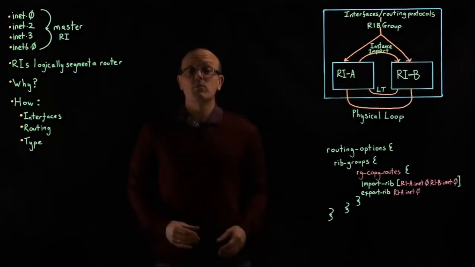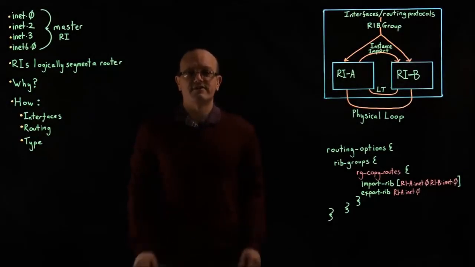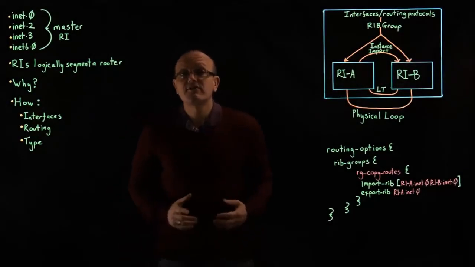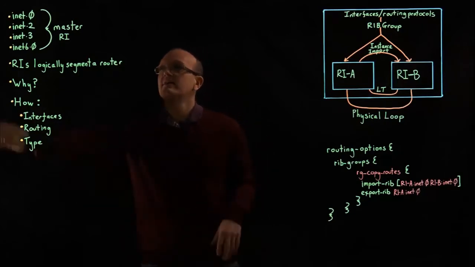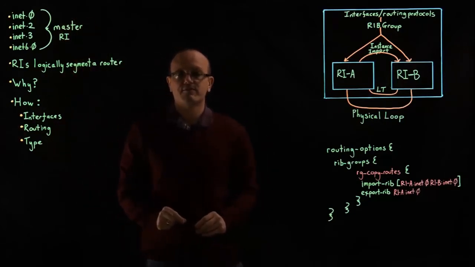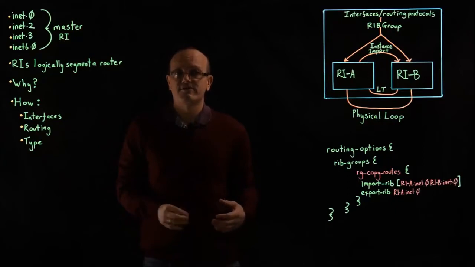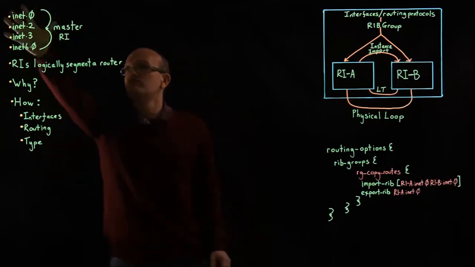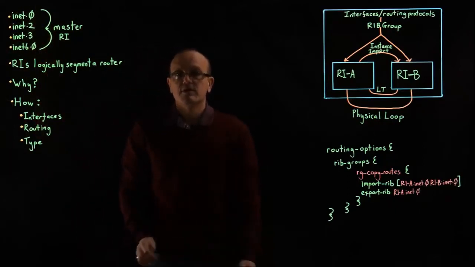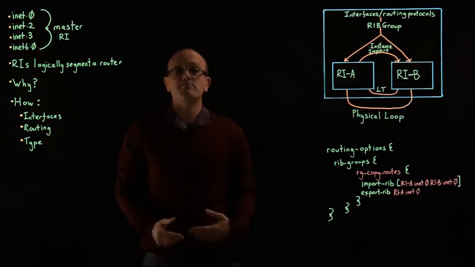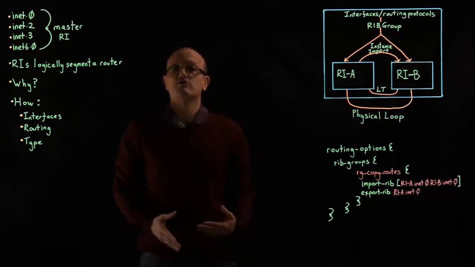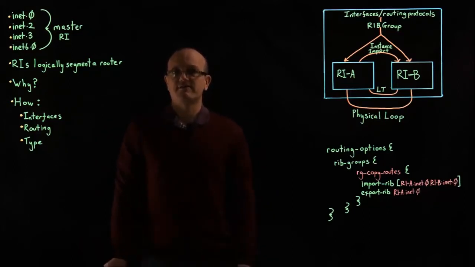In this section, we're going to take a look at routing instances. So on every Juniper router, you have a master routing instance. And within that master routing instance, you have multiple routing tables. And these routing tables perform different functions across different address families.